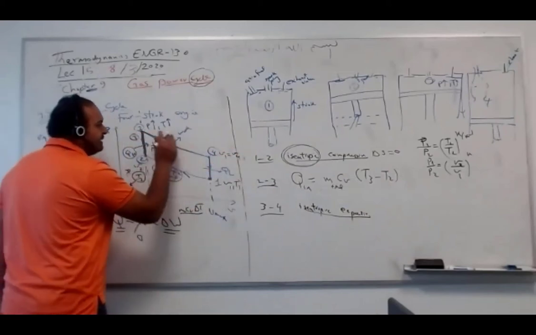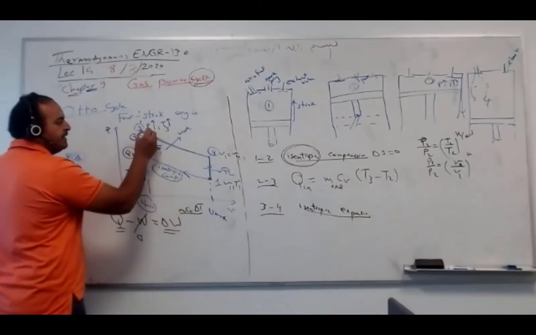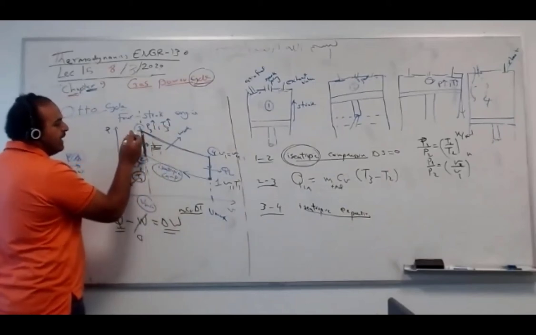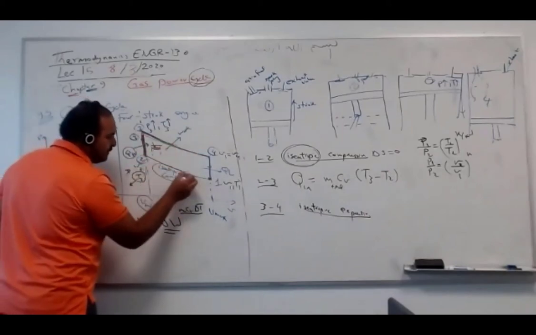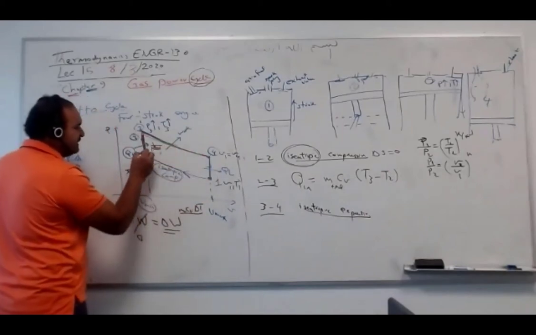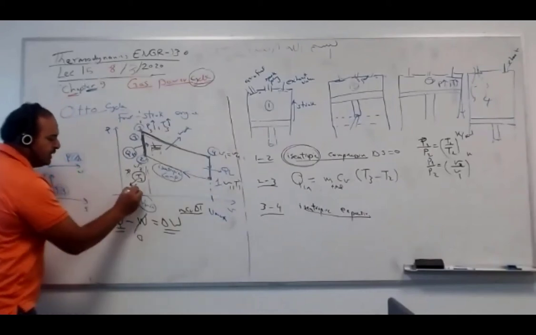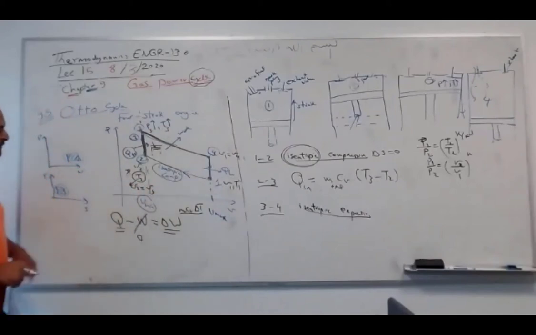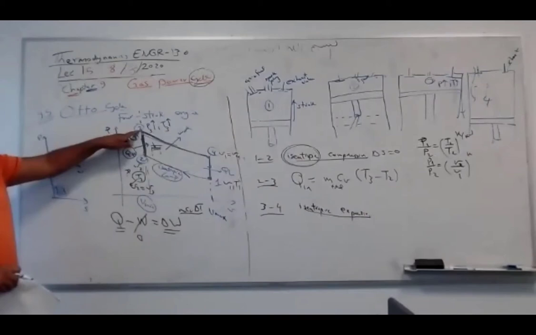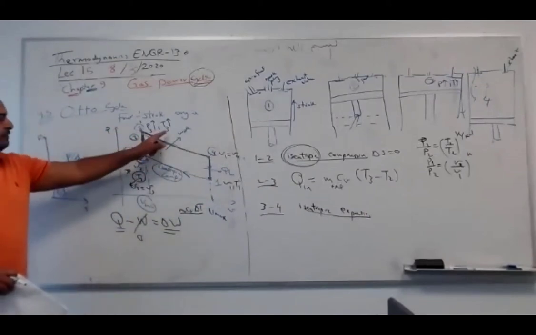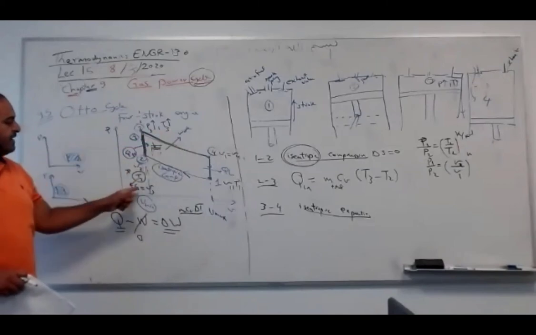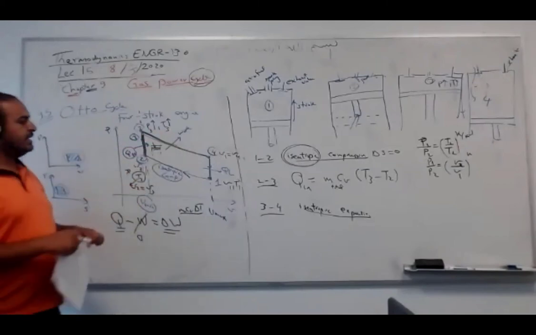If you have, for example, T3 and P3 or V3, actually, the volume between this point and this point is the same. Between this point and this point, the same. So V2 equal V3. If you have V2, you have V3. If you have V1, you have V4. If you have T3 and V3, you can easily get T4.